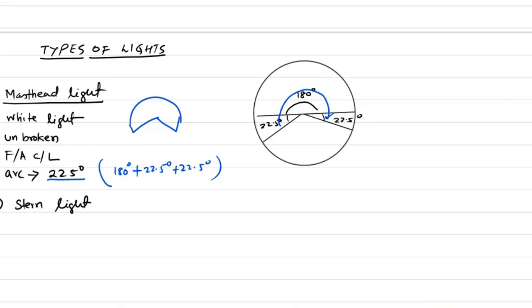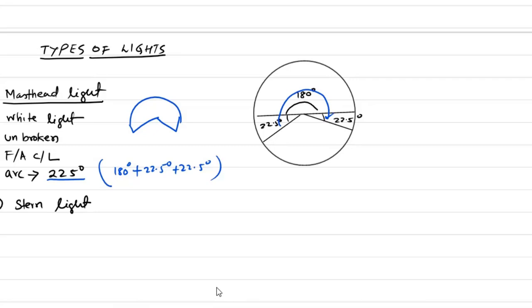Ajit Kumar, can you tell me about stern light? Yes, sir. The stern light is also a white light. It is also unbroken, and it is on a fore and aft center line, and it has an arc on the horizon of angle 135 degrees.